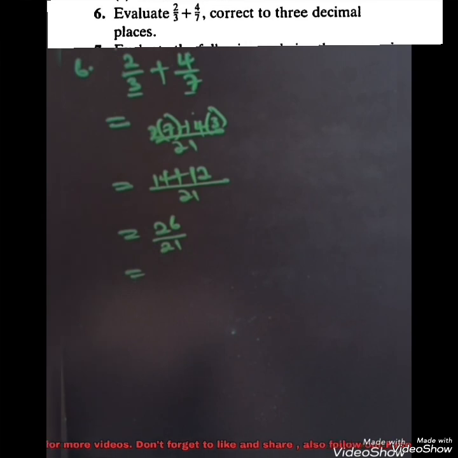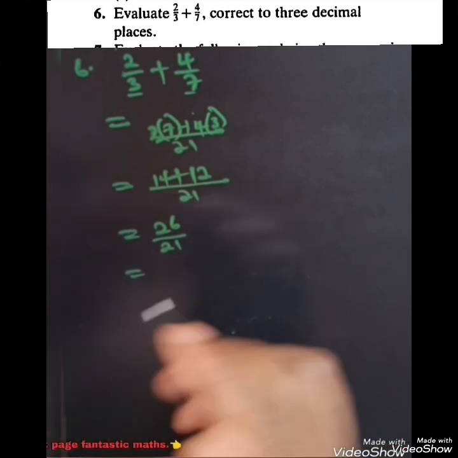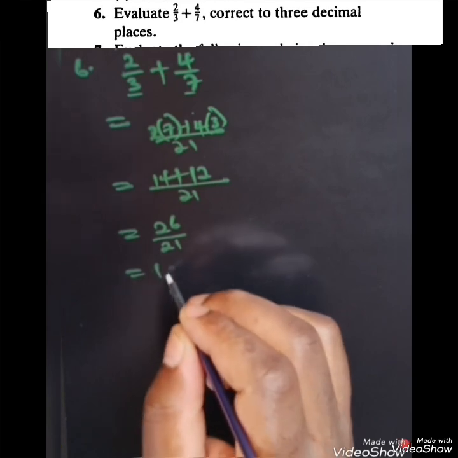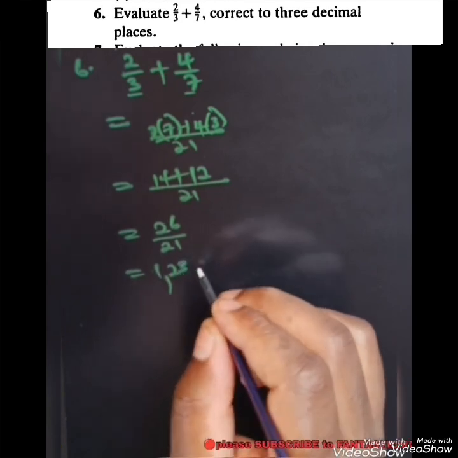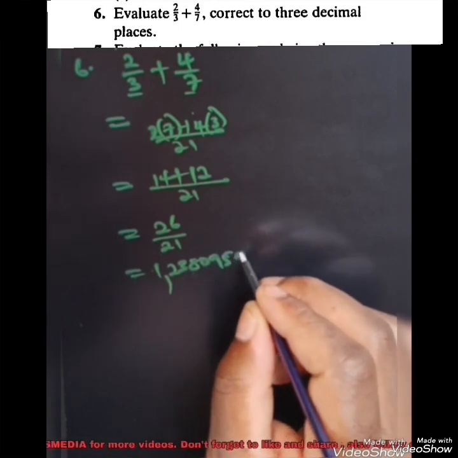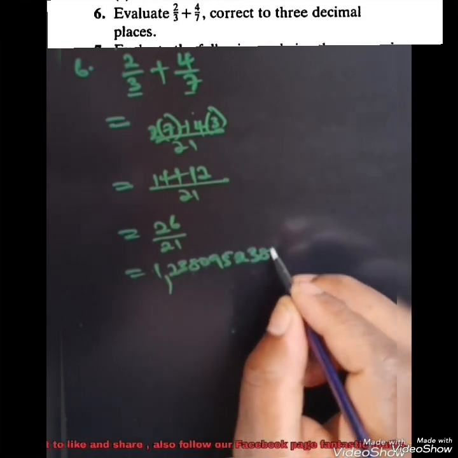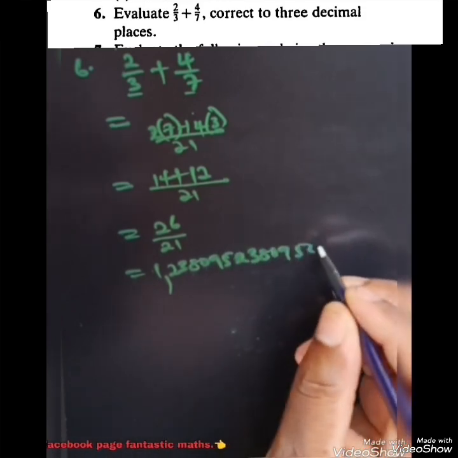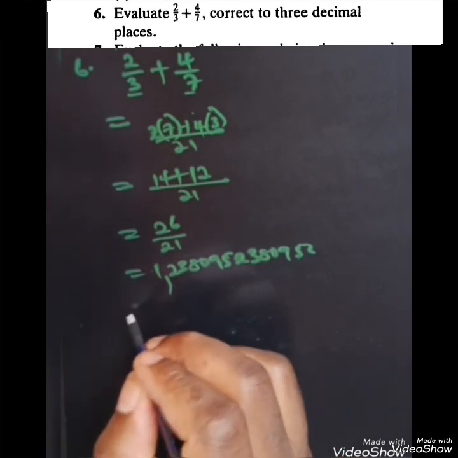But remember, we need to leave this correct to 3 decimal places, so we can use a calculator to find the exact answer first. Let's rewrite everything on the calculator. Then in the final stage, we're going to write the answer in 3 decimal places. So this is what is on the calculator screen.